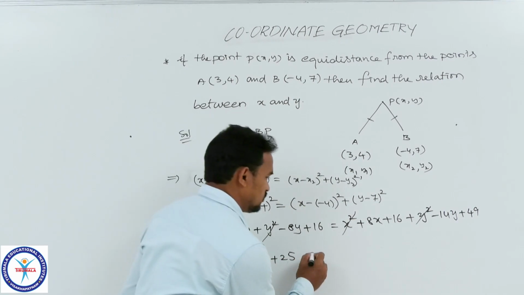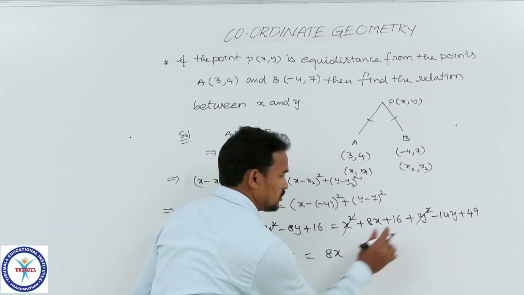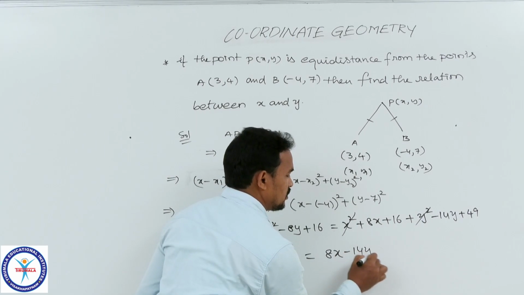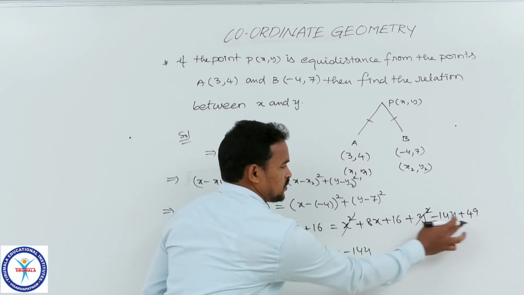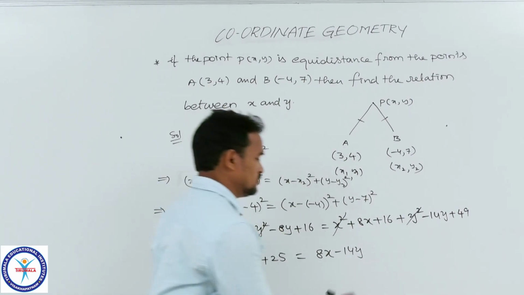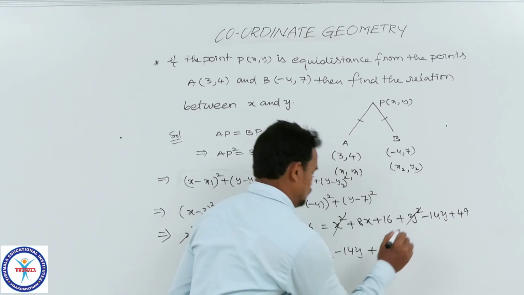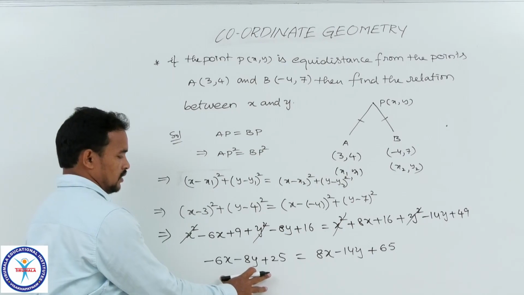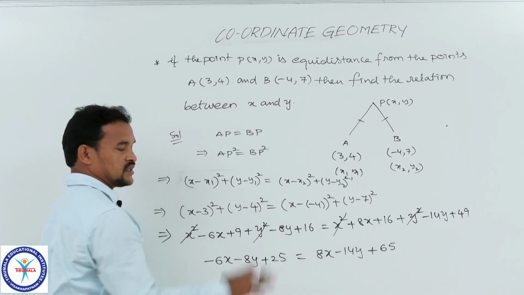The right side is 8x minus 14y plus 16 plus 49, which is 65. The left side values you will take to the other side.